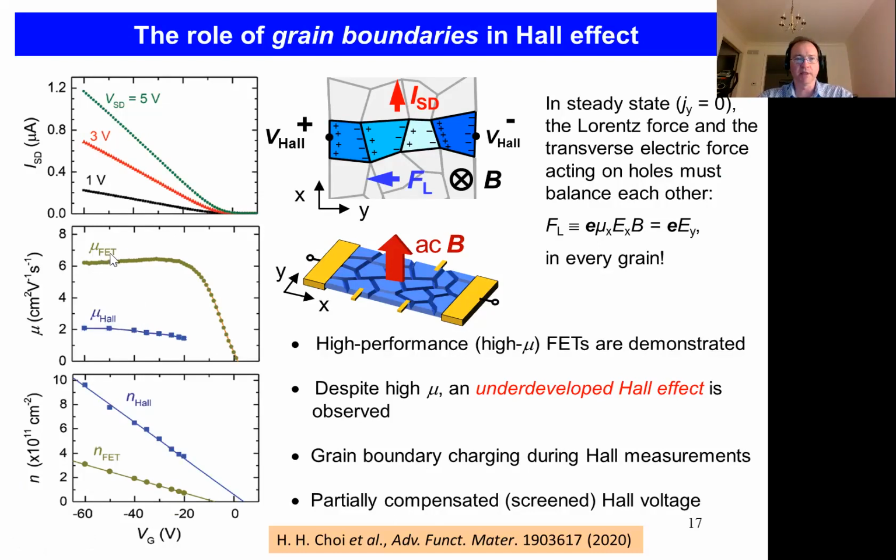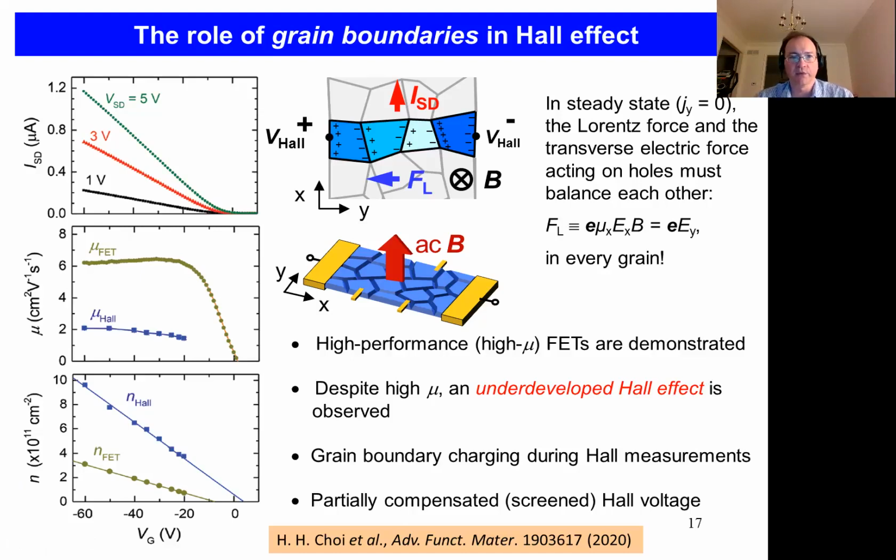This kind of disagreement between longitudinal and Hall mobilities cannot be explained by the model that I was talking about at the beginning, because that model says that at this high level of longitudinal mobility, about 6, the system should be almost completely coherent. So almost 100% of carriers should be delocalized and moving as band-like carriers.